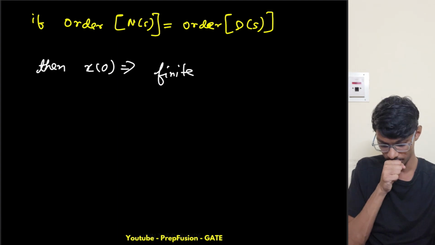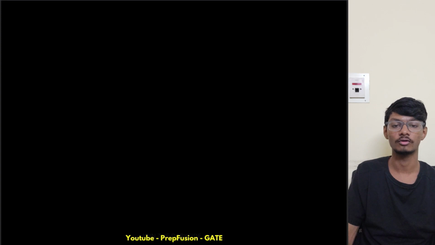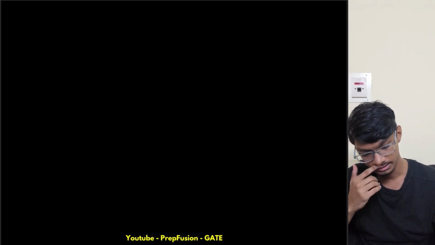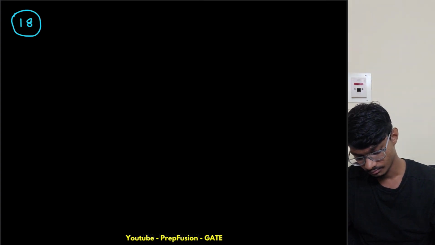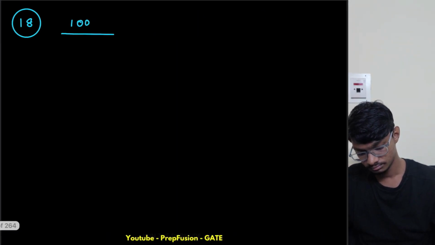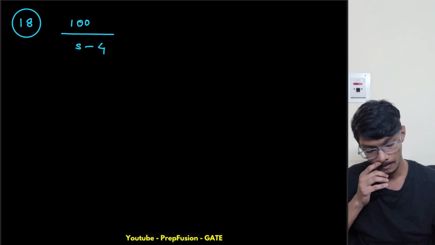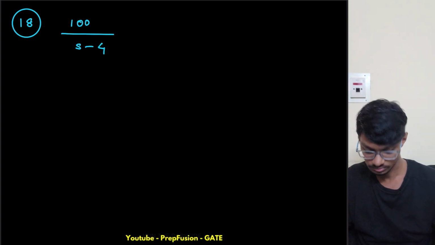Okay. So now, is this initial value theorem applicable, valid, for an unstable system? Let us do one example, another problem. Let us take 100 by s minus 4. So what will be x of 0 this time?